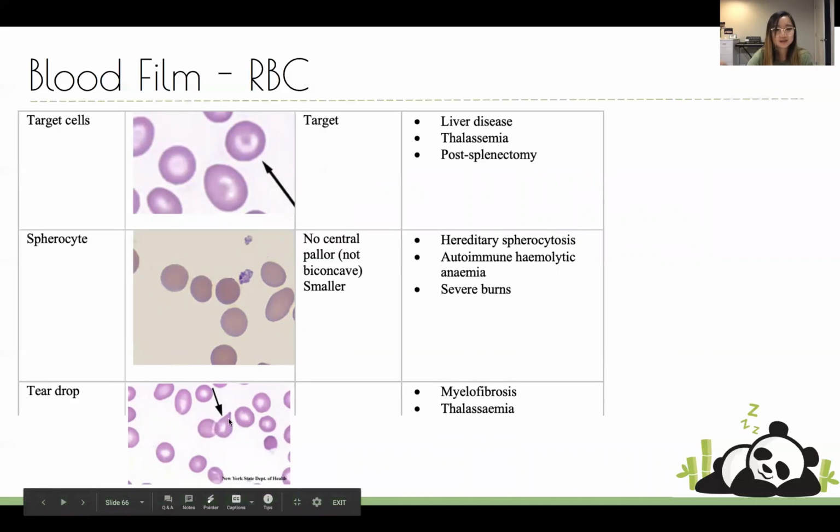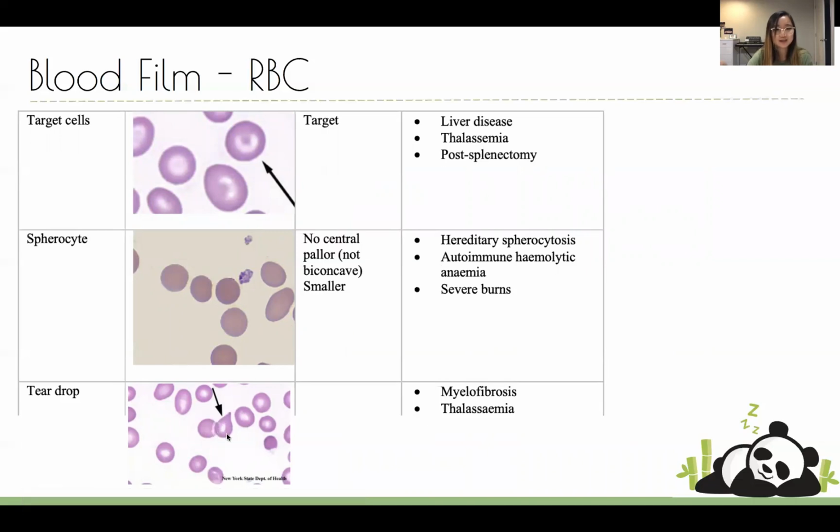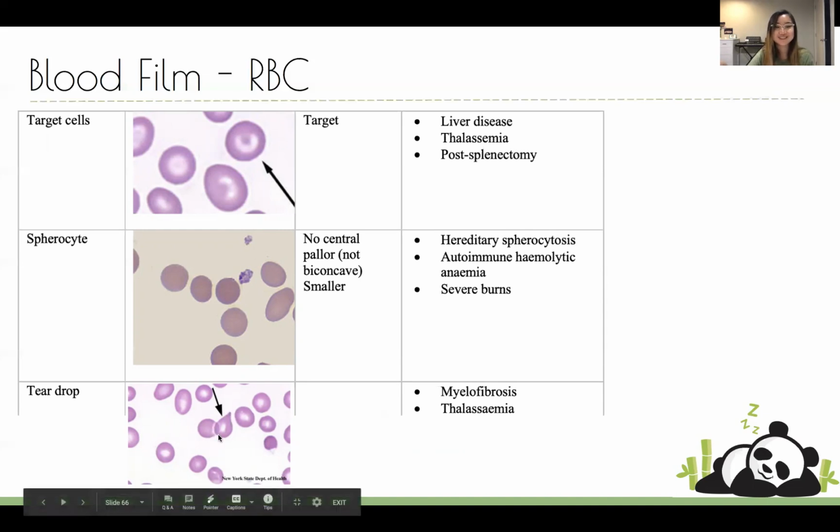These are teardrop cells. You see them in thalassemia, but it's more classical in myelofibrosis. Myelofibrosis is bone marrow fibrosis. And our heme tutor taught us that by saying, teardrop cells when the bone marrow is crying. So if you see teardrop cells, it's usually bone marrow issues.